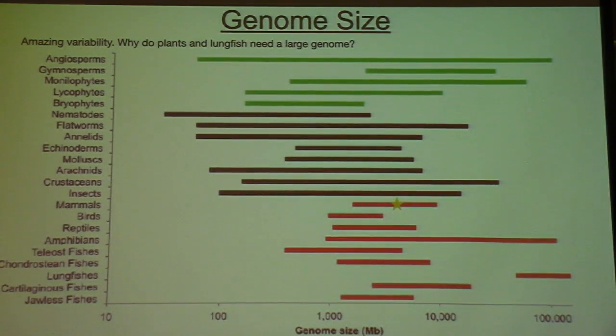Here's another map of the genome size with different kinds of creatures. They're all multicellular creatures, so here the genomic size is in millions of base pairs. So here we are at something like 3,000 million base pairs.